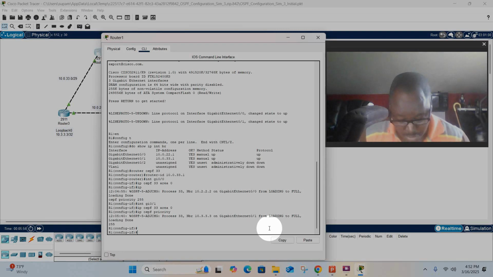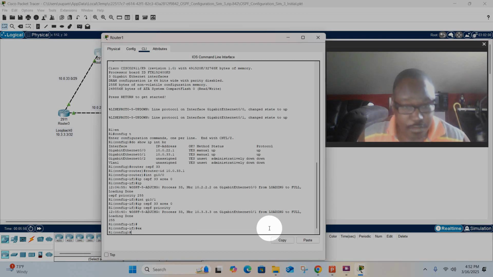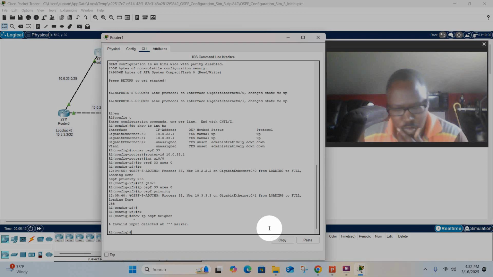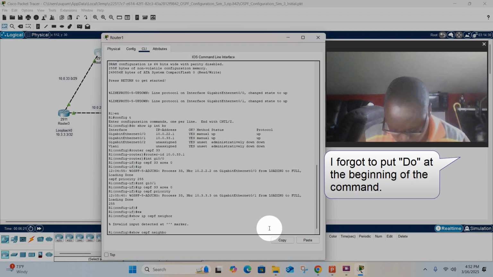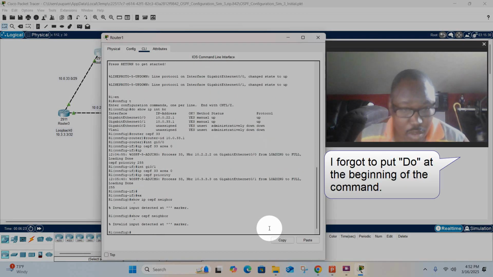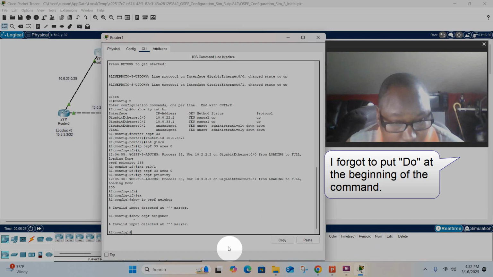So if we do, let's exit and do, let's see, show IP OSPF neighbor. I think that's the command. I don't remember. Hmm. Show OSPF. All right.